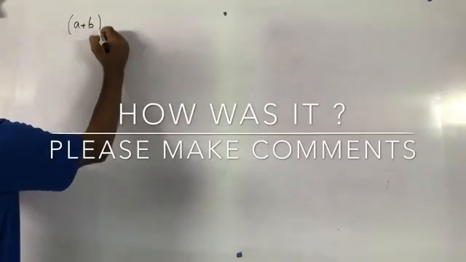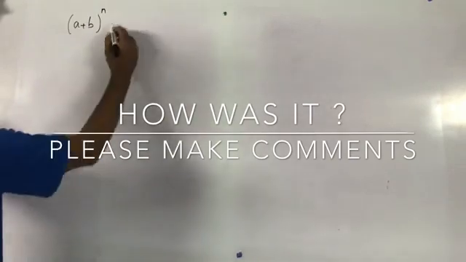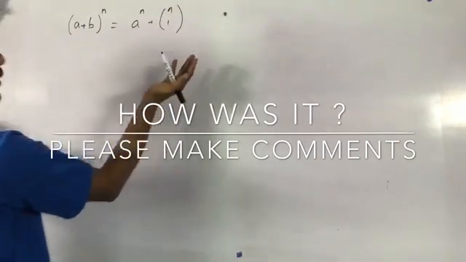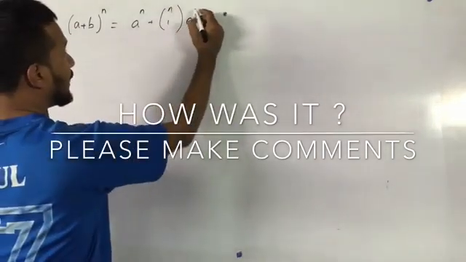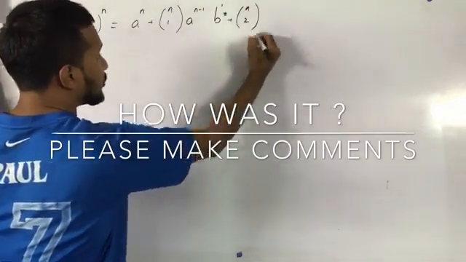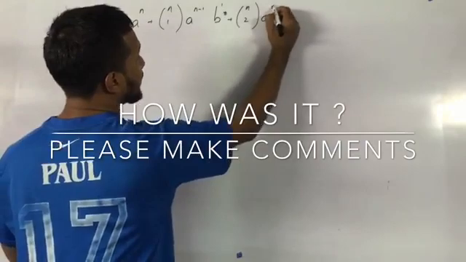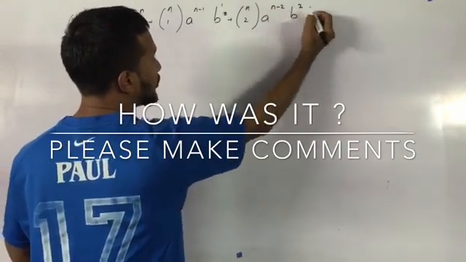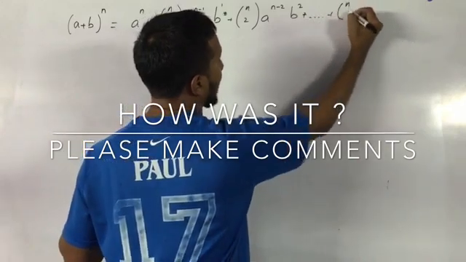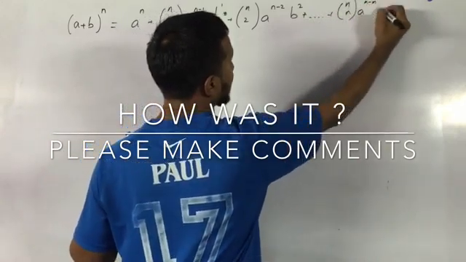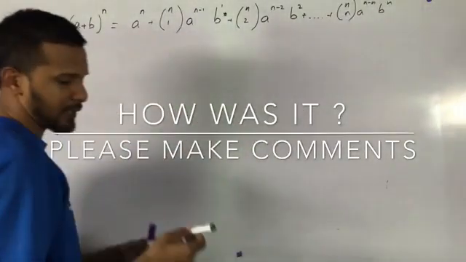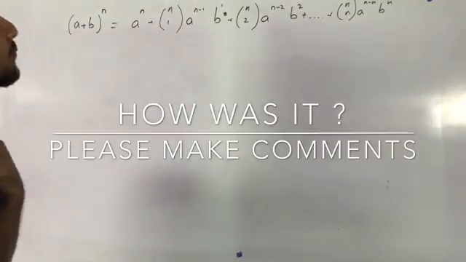A plus B to the power of n is equal to A to the n plus nC1, I know about this now, by A to the n minus 1, B to the 1, plus nC2, A to the n minus 2, B to the 2, plus nCn, A to the n minus n, B to the n. Or we could just leave it out, as you would see in some examples.